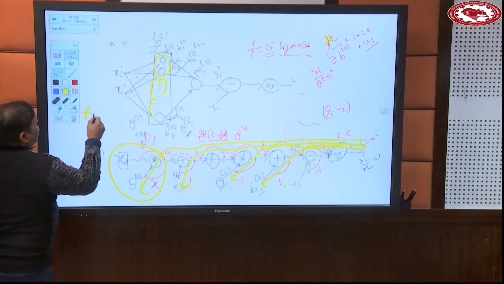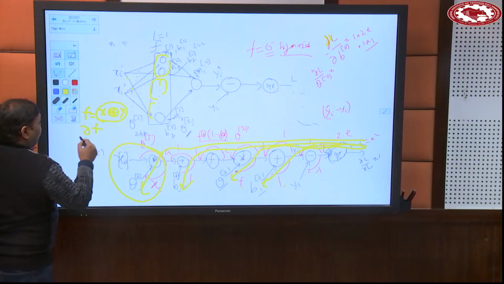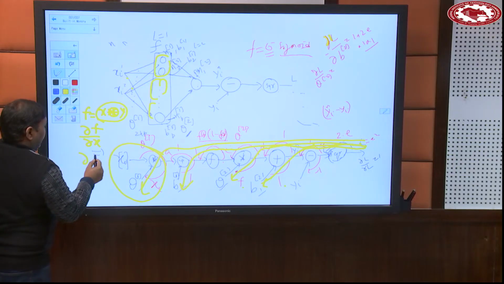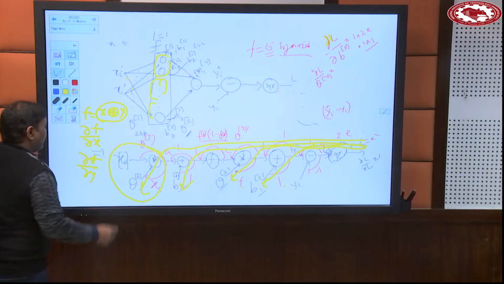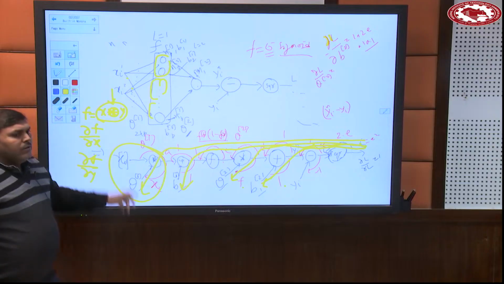If your f is simply x convolve y, you should know the gradient of this with respect to x and the gradient of this with respect to y. Use this as an operator, right? So, one node in the computation graph, you just do it.